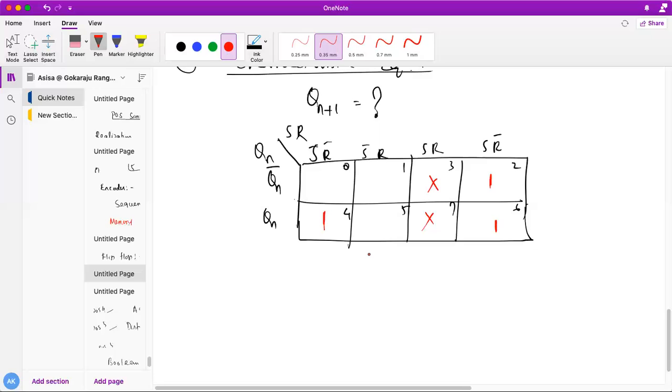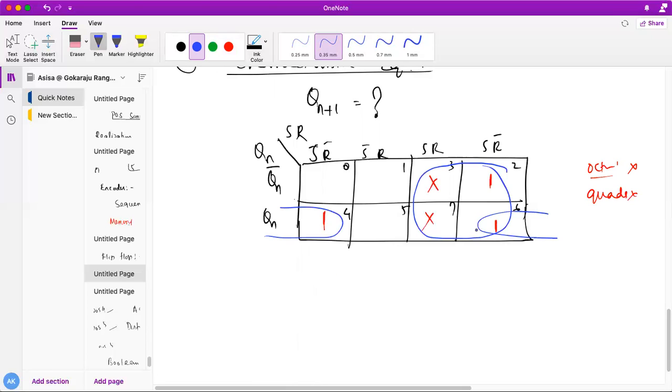So now, in order to solve for Qn plus 1, what groupings will be possible? We first have to check octets. There is no octet, so obviously we'll go for quads. What are the quads present? Yes, there will be one quad, with the don't care I can take it. Next there is no quad, so I can pair up because these two are adjacent minterms.